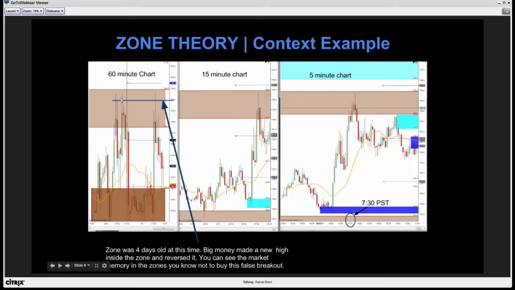If you're familiar with reading price action, you might recognize this as a double top. They pushed it just a little bit above the double top. Therefore, hey, you've made a new high. Congratulations, but you did not break the supply area. That is a fractal confluence in between all three of these charts. Now this zone just happened to be 4 days old when this price action happened here.